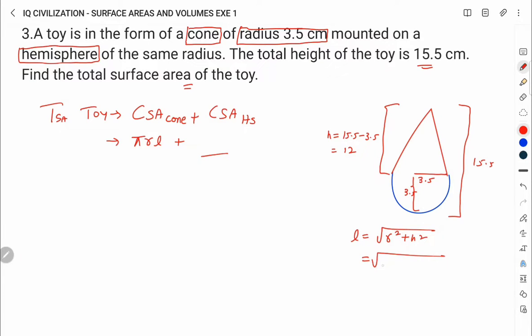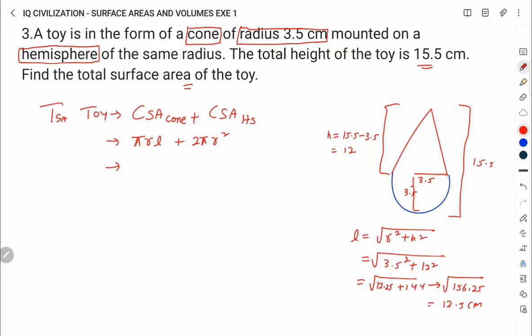Here r is 3.5, so 3.5 square plus h square, height is 12, so 12 square. That is root over 144 plus 12.25. Overall I get 156.25. Square root of that is 12.5 cm. Now the surface of the hemisphere is 2 pi r square.